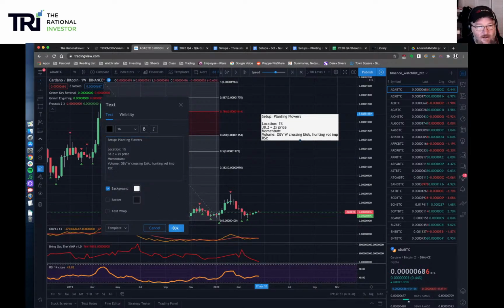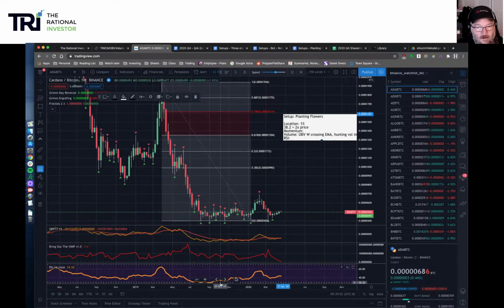Do we have, what do we have in terms of RSI? We had some divergence here, I think. Well, I don't know if we can call that divergence. We have a W here, but we have steady lows here, so I don't know that we can call that divergence. I guess so.